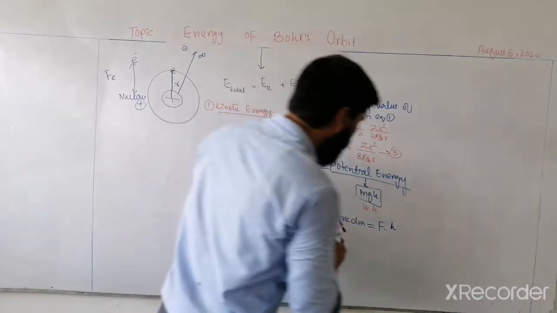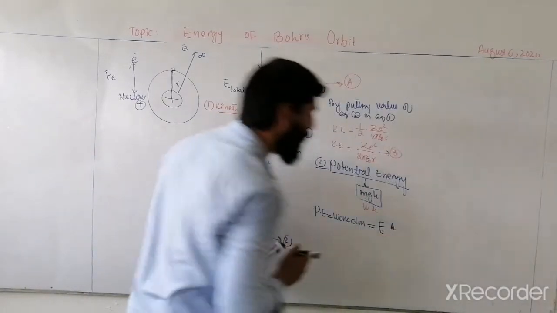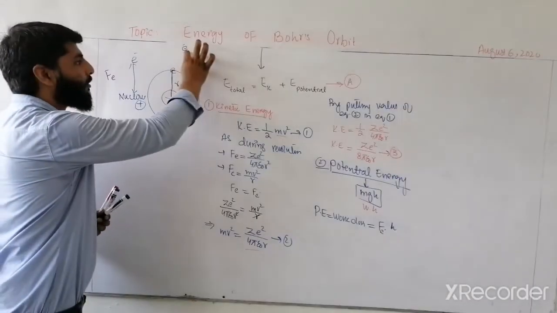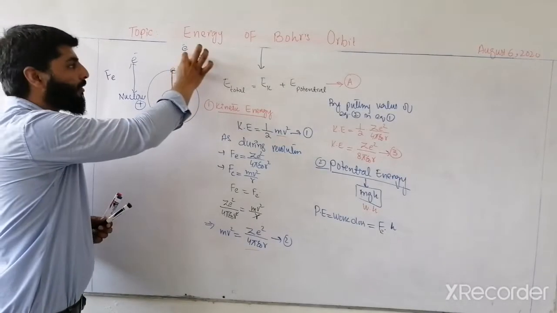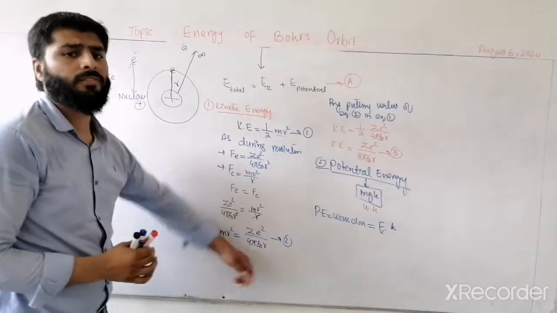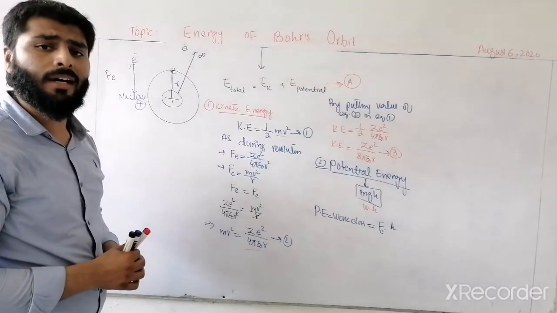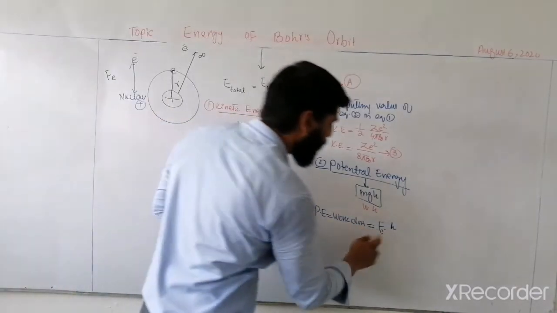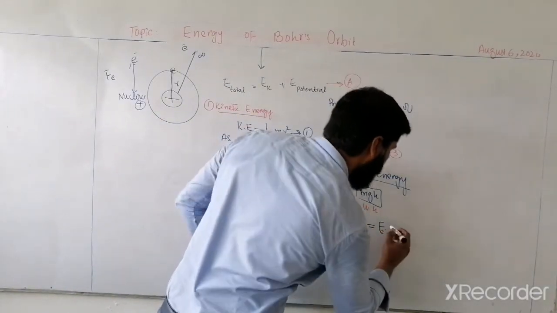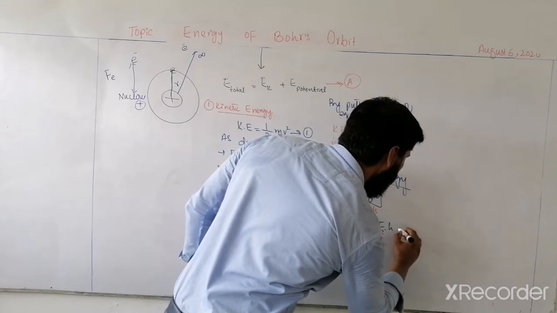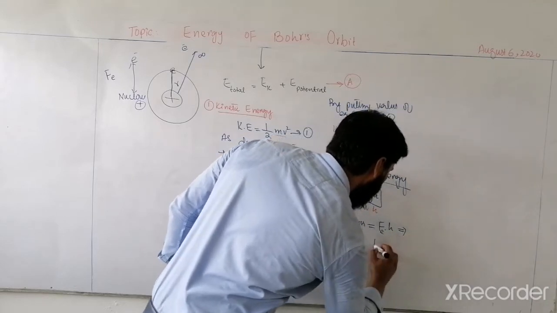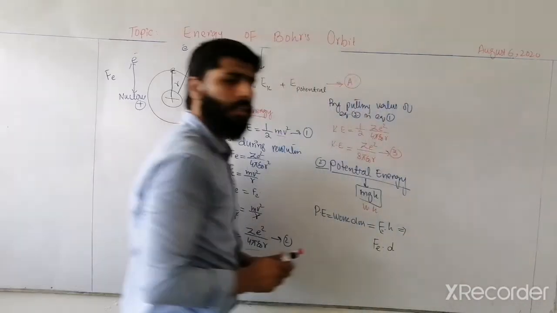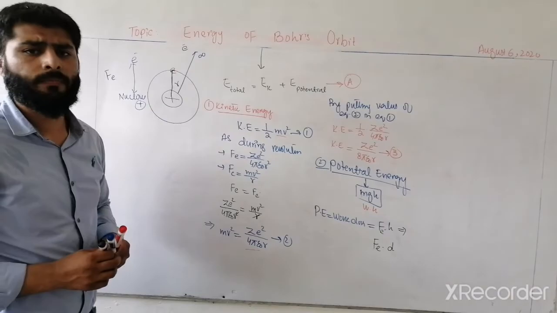So force will be Fe, and distance will be from infinite distance to R. A small change of distance will be R or delta R. We can write distance as H, or you can write it as Fe dot D, any distance or displacement.